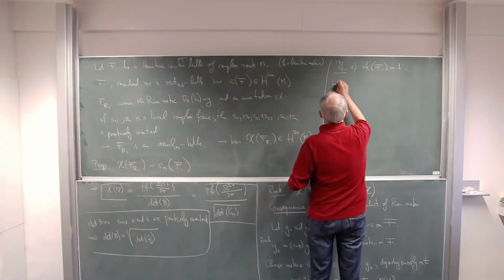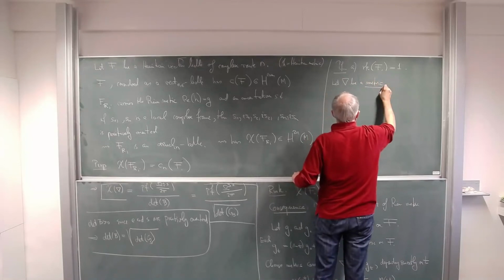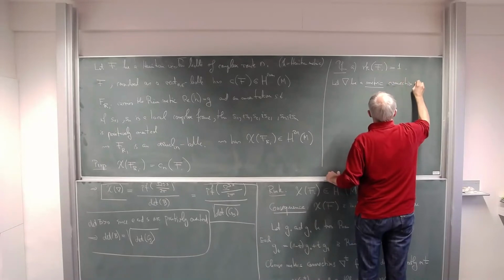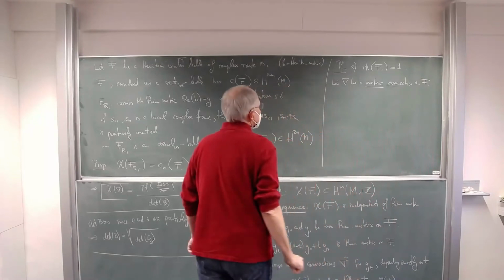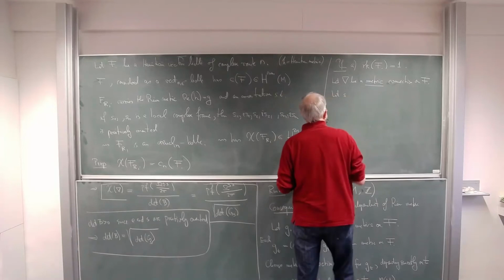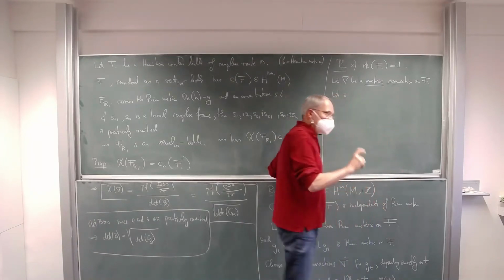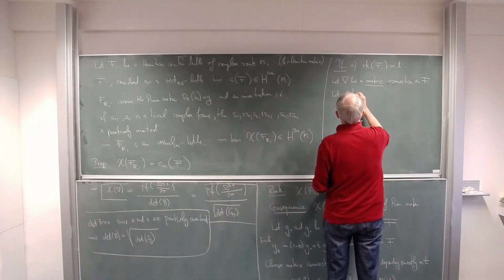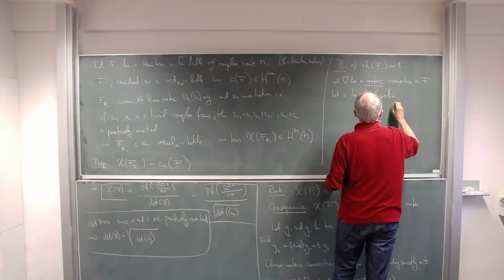So let nabla be a metric connection on F, and let S, now it's just rank 1, so it's just one non-vanishing section, orthonormal, so that means we have a local section of length 1. Let S be a local section of length 1.